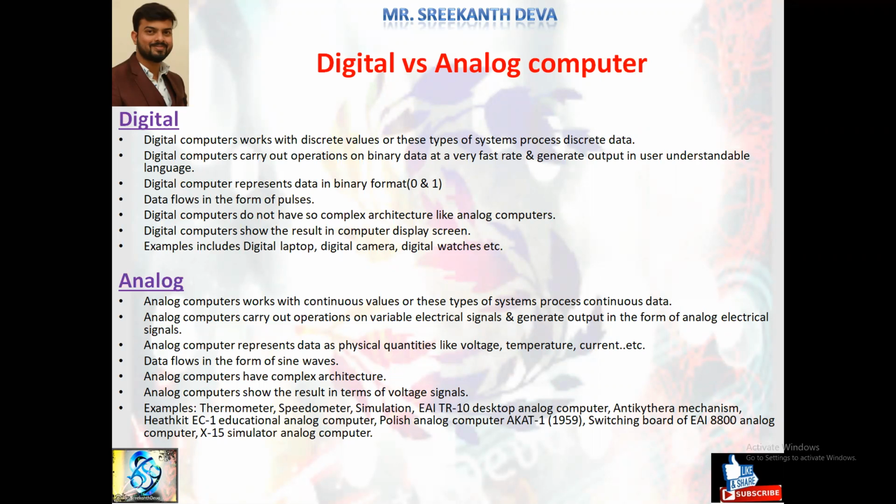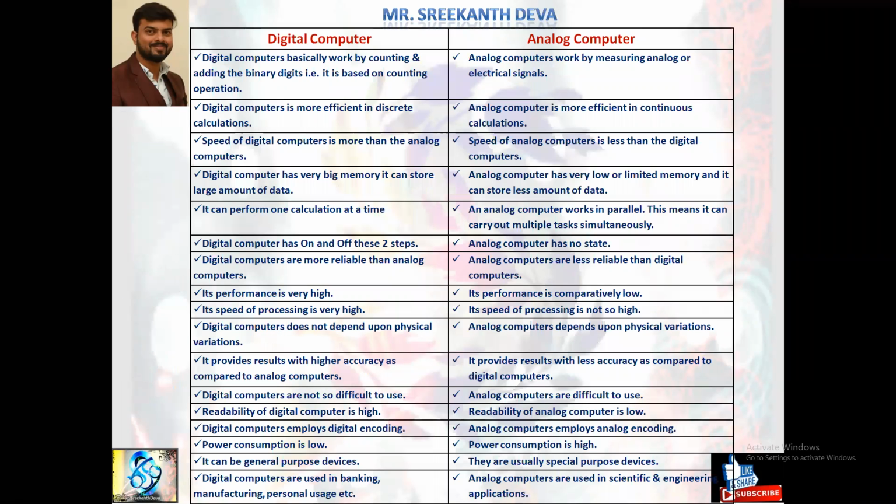I also gave a detailed explanation about their components like resistors, capacitors, amplifiers, potentiometers, and generators. You can find more points in the previous video sessions, but for the main points about digital and analog computers, these differences are fair enough.